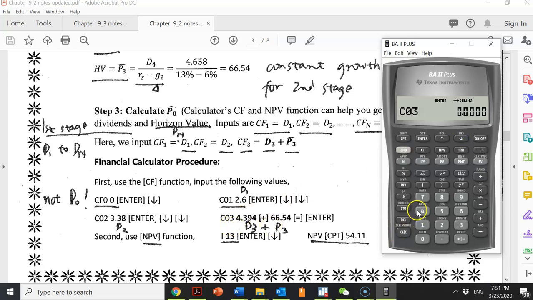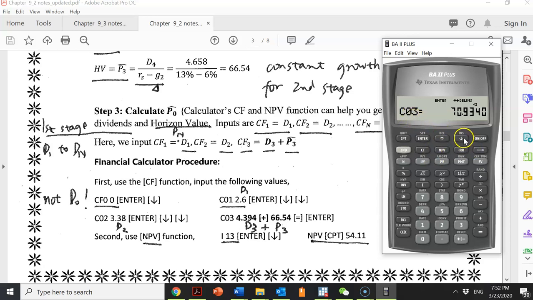Cash flow 3 should be 4.394 plus 66.54. I first use this equal sign, so this equation is calculated arithmetically, and then I press enter. So I can input cash flow 3 as 70.934. You can see a triangle showing up here, meaning the cash flow 3 is input properly.